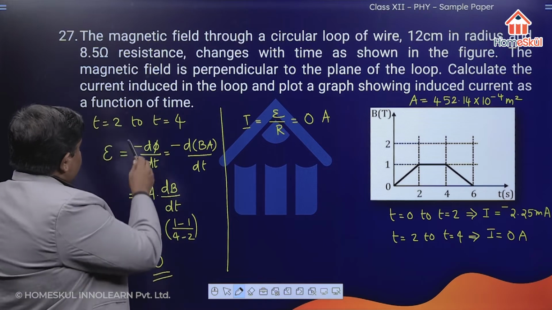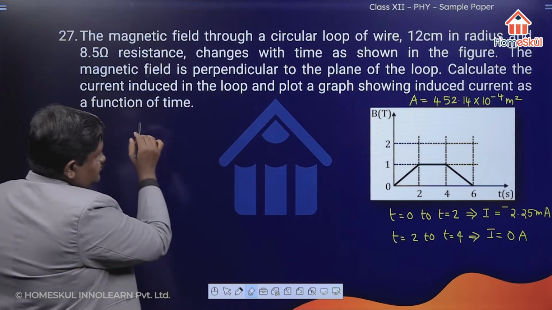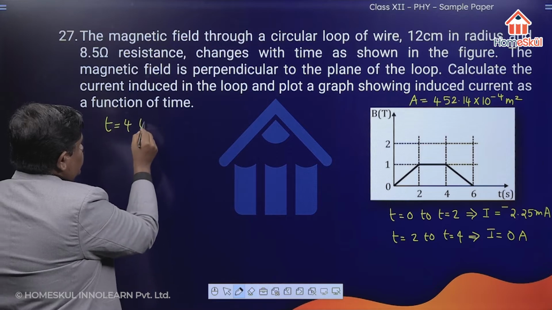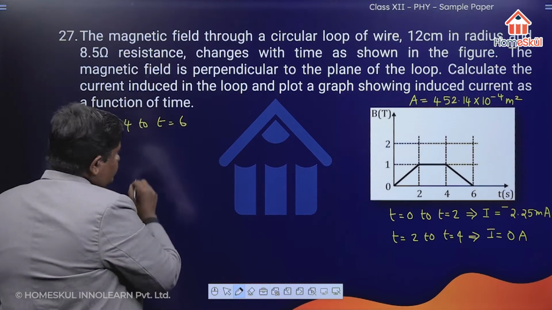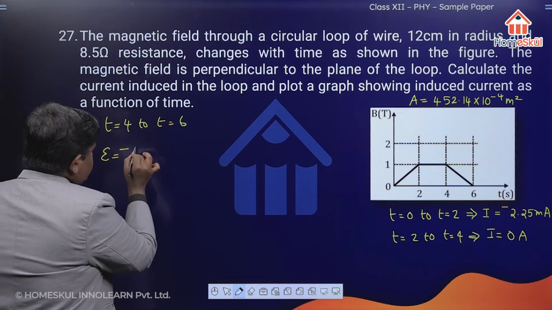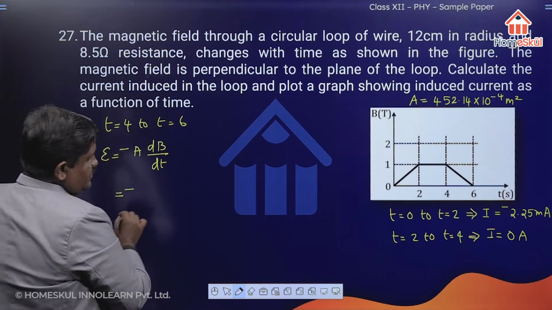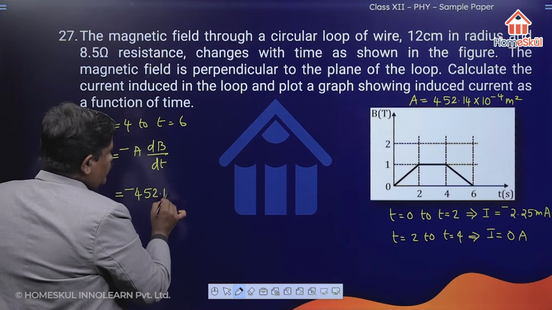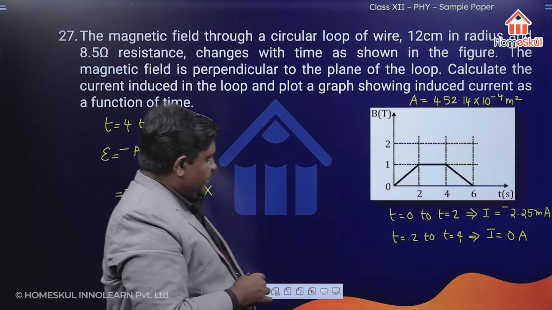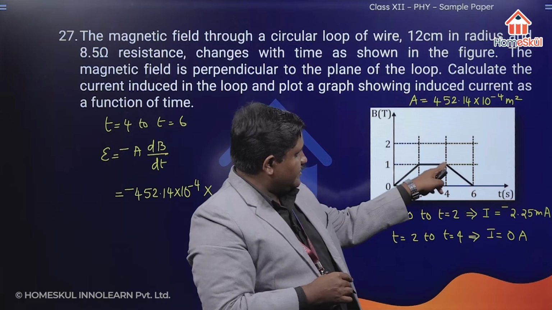Okay, then next we consider the time interval t equal to 4 to t equal to 6. We get the EMF E equal to minus A into dB by dt, equal to minus 452.14 × 10^-4 into dB. dB is the change in the magnetic field. The final magnetic field is 0 and the initial one is 1.